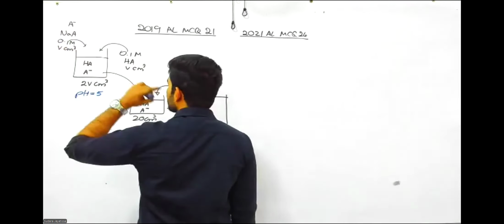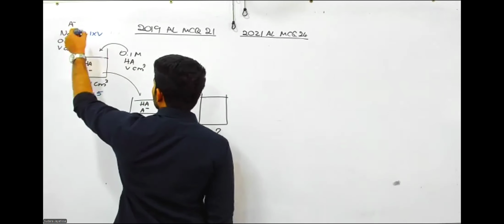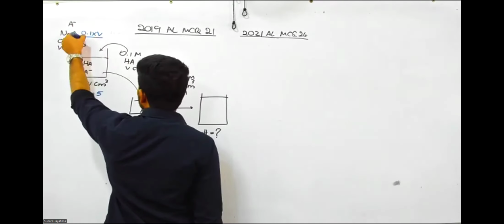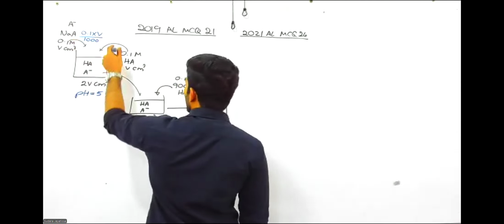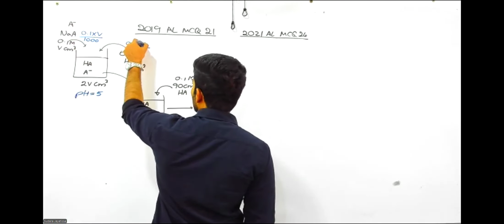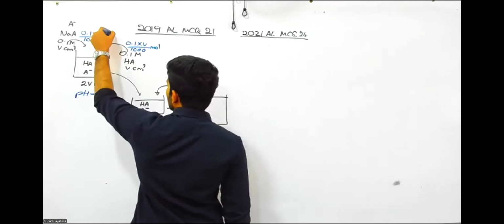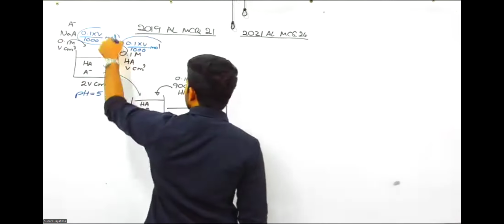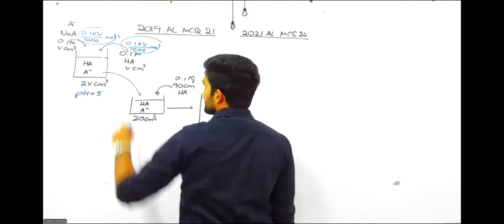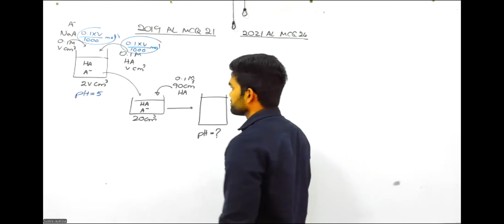Here you have 0.1 into V over 1000 moles. Here you have the same number of moles, 0.1 into V over 1000 moles. Understood? These are the number of moles you are adding, and those moles are right here.